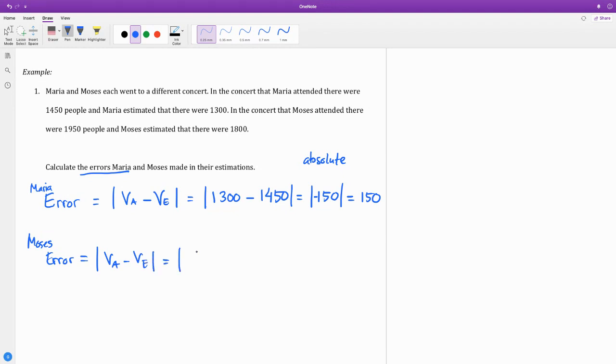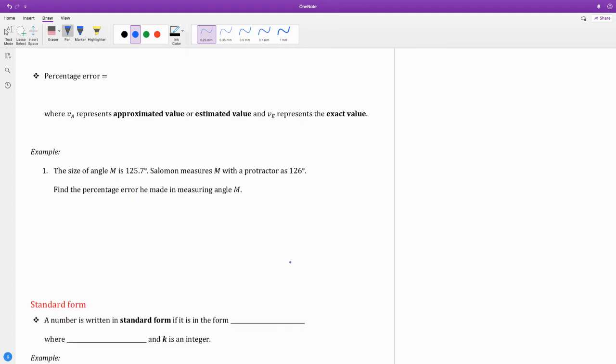The approximate value is 1,800 and the exact value is 1,950. It becomes negative 150. Once again, since we have absolute notation, the answer becomes positive. So 150. Continue to the percentage error.